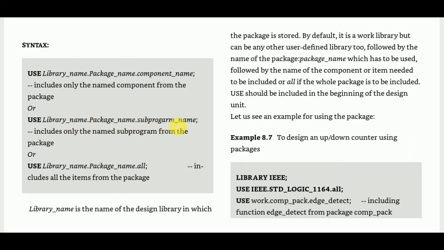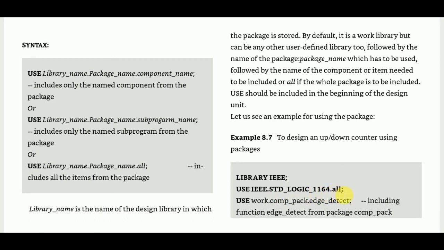Or if we want to use all the components, items and so on from a particular package, then we will use this statement: use library name dot package name dot all. We have already used this statement in all the programs, for example, use IEEE.std_logic_1164.all.